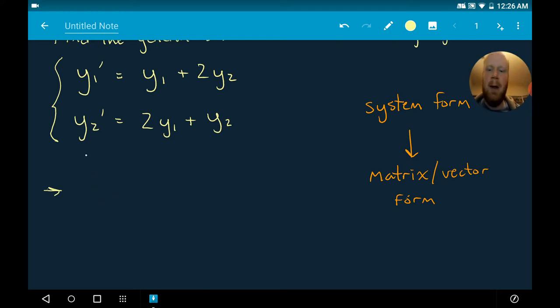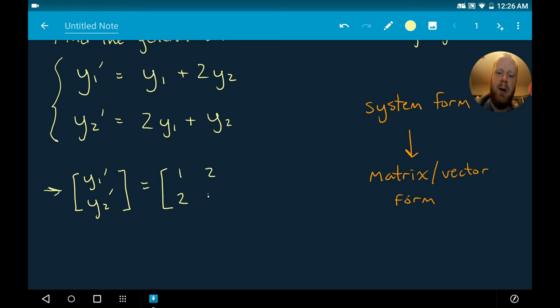Here, I'm going to show a couple of unnecessary steps just for clarity in these first couple examples. So thinking about our matrix multiplication here, the matrix, if we want to say 1, 2, 2, 1, that's going to be multiplied by y1 for this column and y2 for this column.